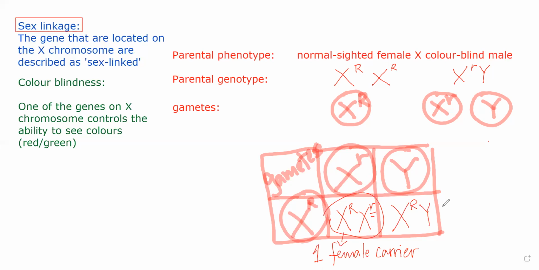And since this is male, this one will be a normal sighted male. So the female is going to be the carrier, since this is a sex-linked disease, and the X is actually going to carry it. Then here, one normal sighted male, because there is no allele which is going to carry this disease. So no carrier for males.